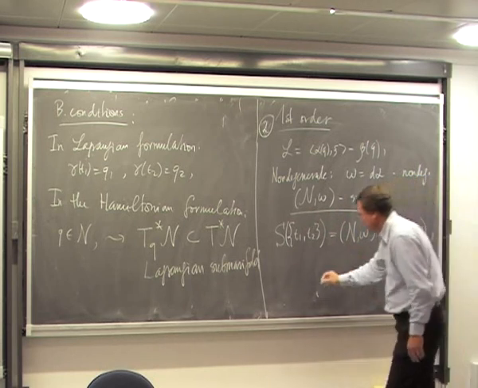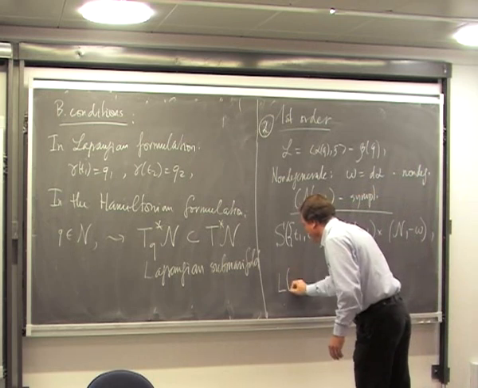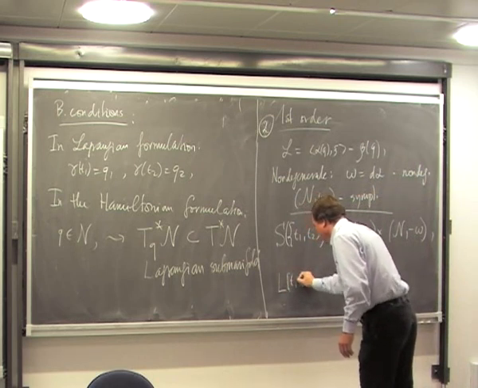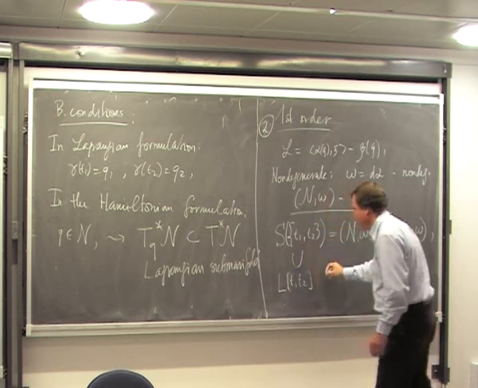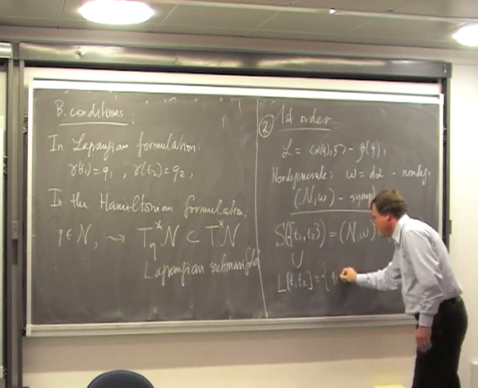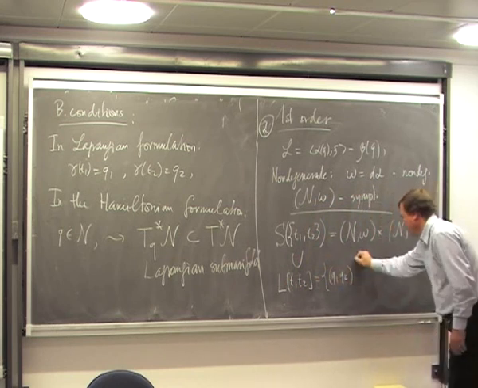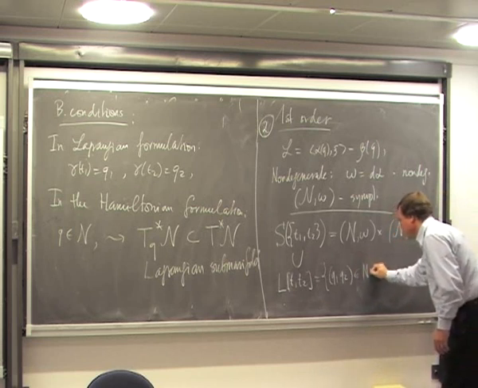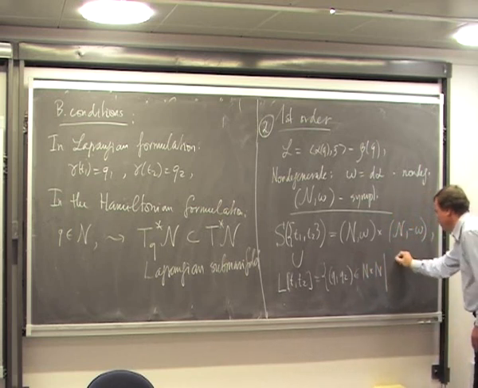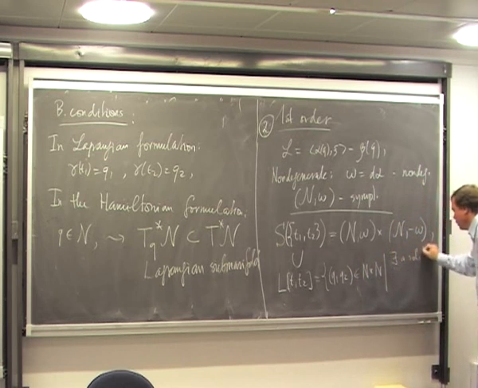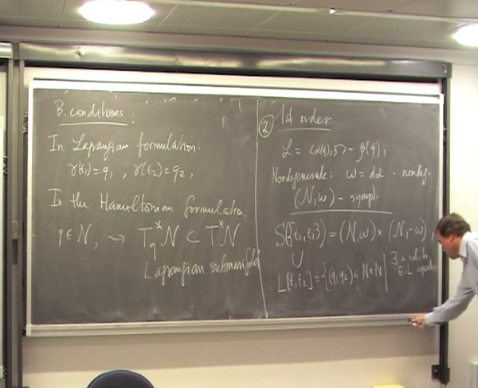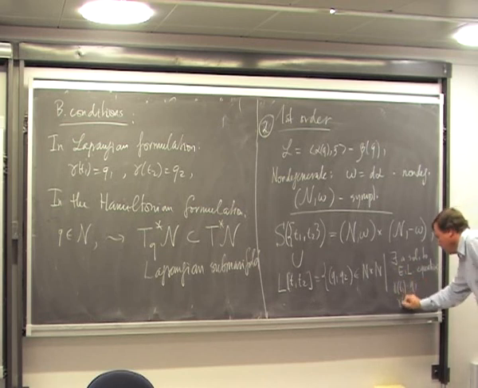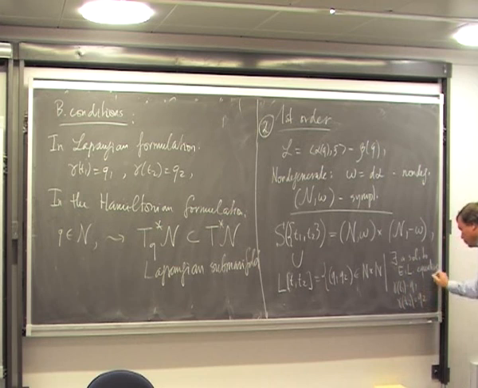So this is the symplectic space, and then the Lagrangian submanifold is just the same as we had when we discussed the first order system. So it's the pairs of points in N cross N, such that there exists a solution to the Euler-Lagrange equations such that gamma(T1) is equal to Q1, gamma(T2) is equal to Q2.